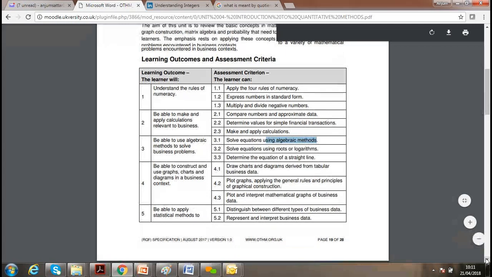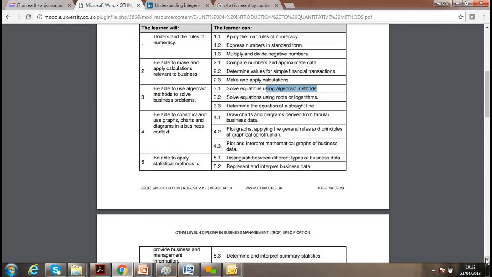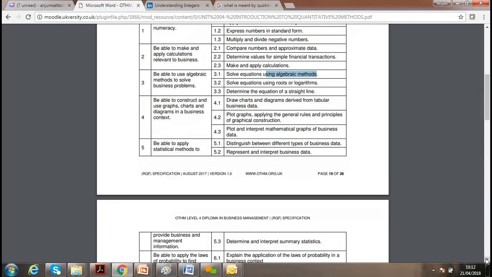Then under learning outcome 5, we'll go through being able to apply the statistics. So we'll go through some statistic tools which we normally use, like correlation, regression, chi-square, probability.